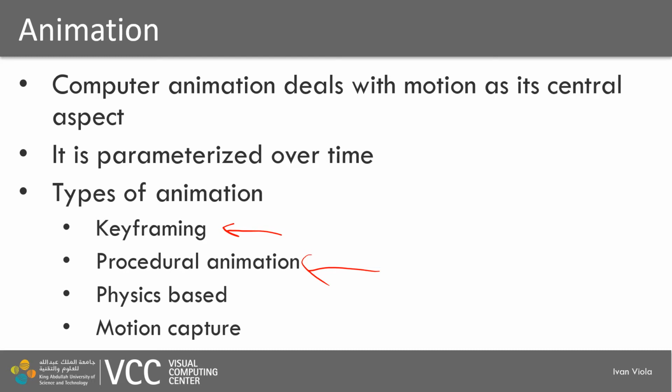An example or subset of procedural animation could be physics-based animation, where the procedures are the rules of physics, an implementation of Newtonian physics into a simulation, just realizing the effect of forces upon a given structure.